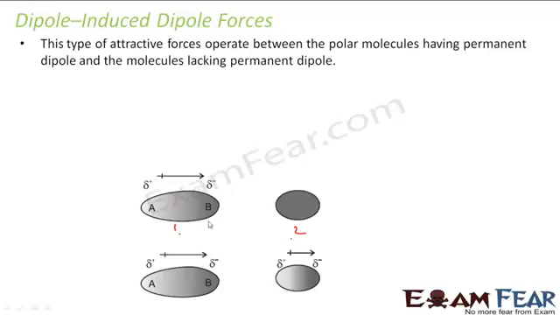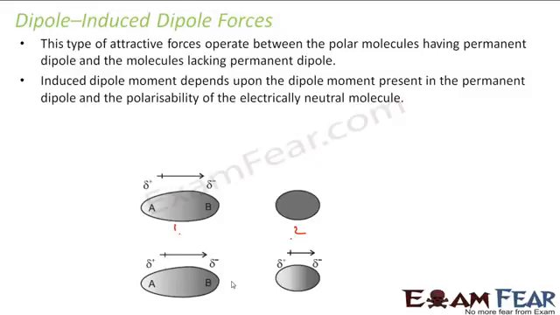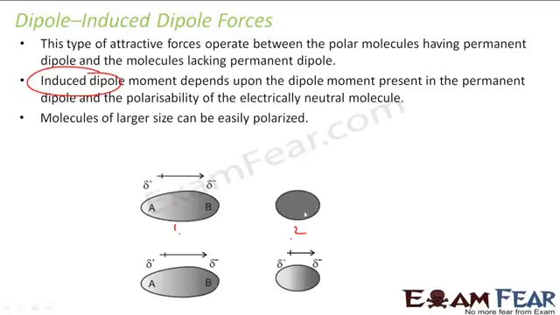The 1 will induce a dipole on 2. 2 will also have a dipole now, and then there will be a force of attraction between them. Again, the induced dipole depends on the polarizability of this 2. Molecules of large size can easily be polarized. So if it is large, it is easily polarized.